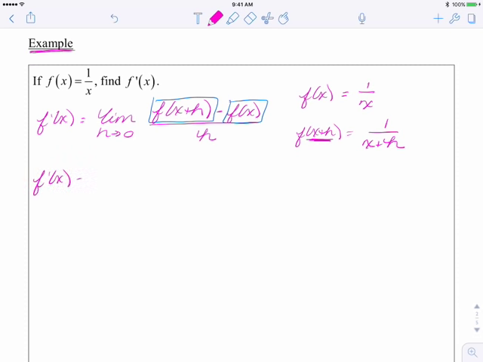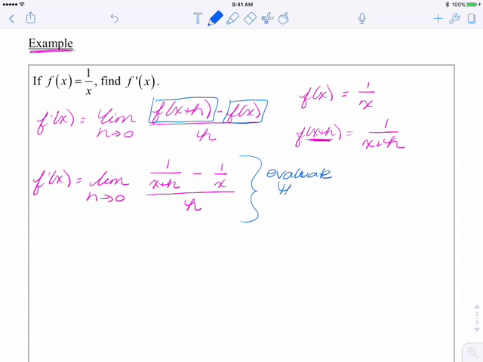So we have f prime of x is equal to the limit as h approaches 0 of 1 over the quantity x plus h minus 1 over x all over h. What we now have to do is evaluate this limit, because the value of this limit, if one exists, is going to be what f prime of x is equal to.